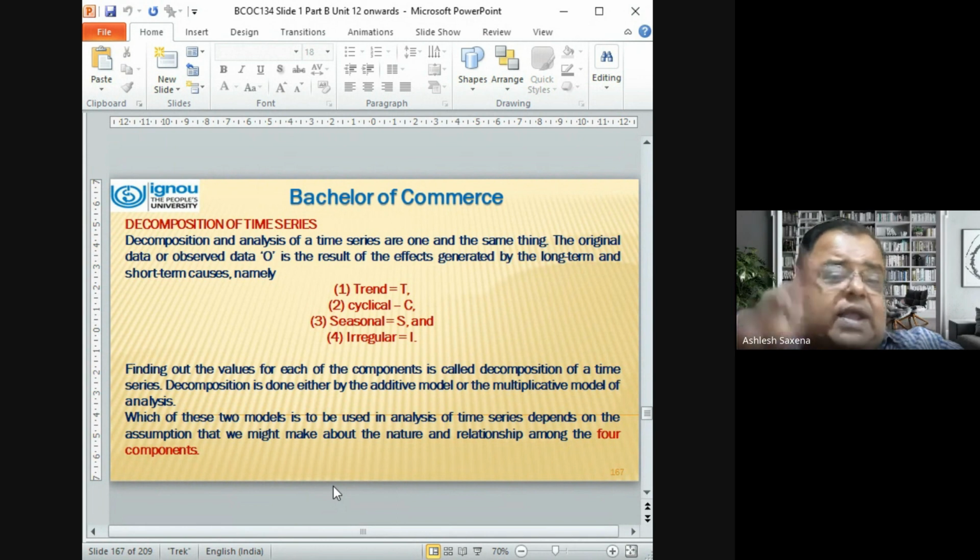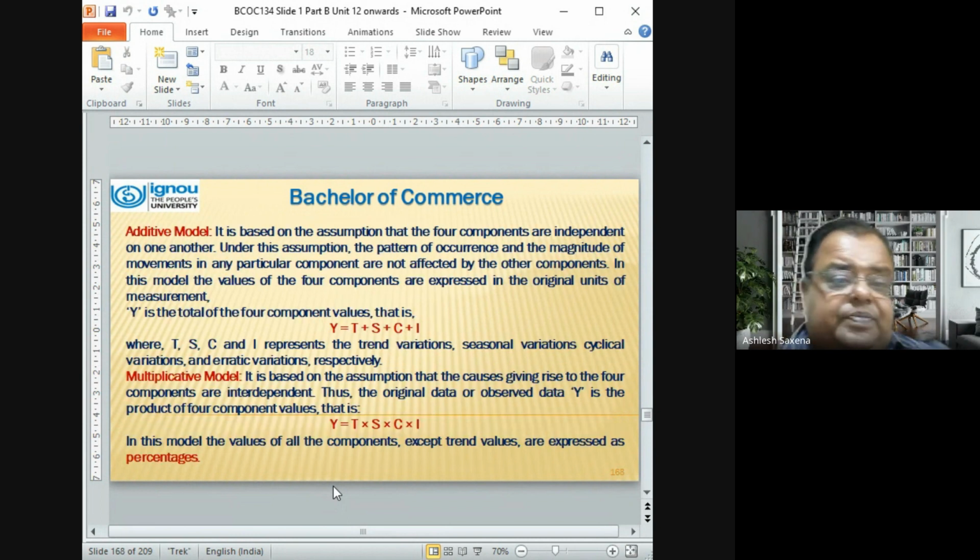That means for additive, we will be adding all these four values, and for multiplicative, we will be multiplying all these four values. Which of these two methods is to be used in analysis of time series depends on the assumption we might make about the nature and relationship among the four components. Additive model, as I said, all the four will be added. And in multiplicative model, all the four will be multiplied.